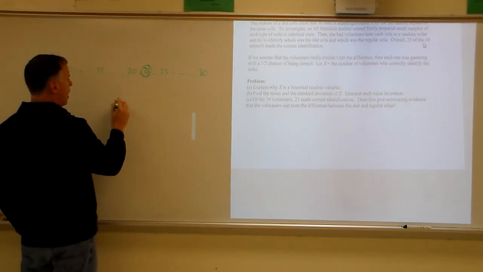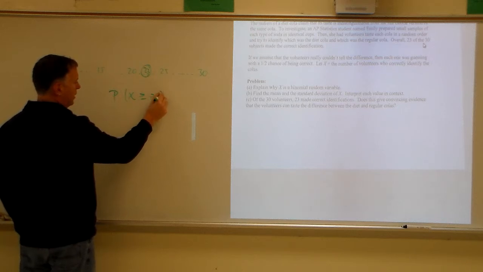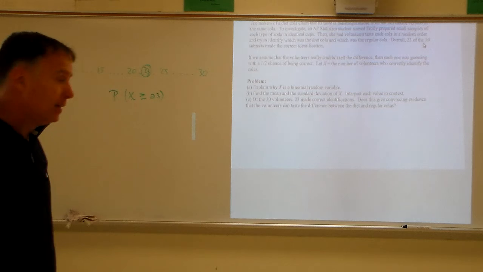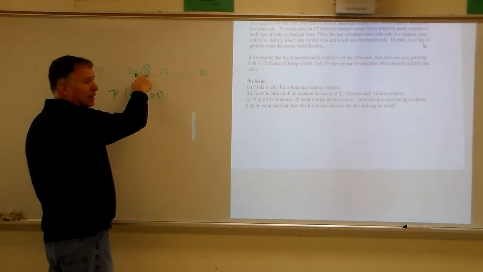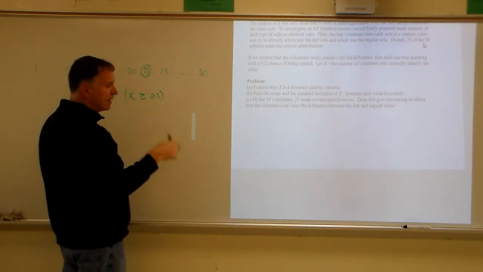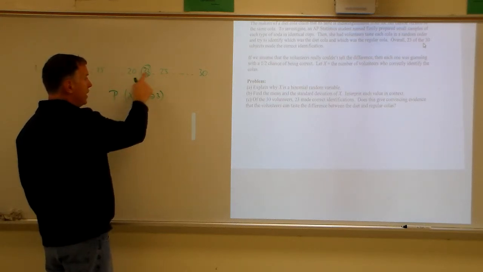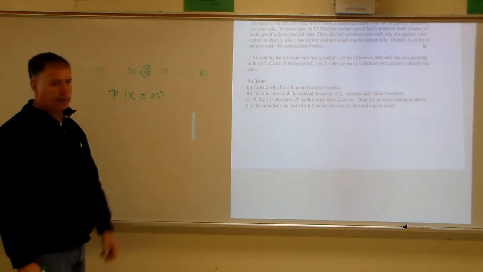So they want to know the probability that X is greater than or equal to 23. That's just the way they look at it. I don't know why they do it that way. Some of you might say, why don't we just do 23? I think their reasoning is it's not just 23, but 23 or more. Is that unusual? So this is what they're looking for.